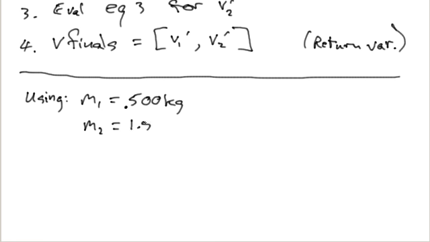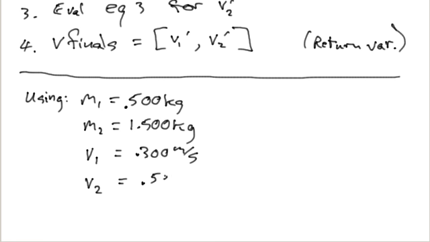And then let V1, that one was in the lead, be 0.300 meters per second. And V2, that was the one that was catching up, I'll call that 0.500 meters per second.